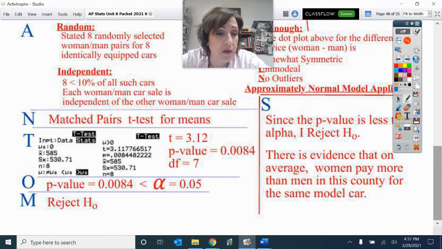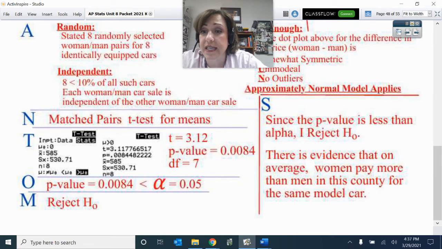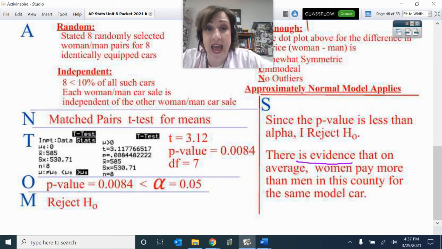Our p-value of 0.008 was less than alpha, so we reject H0, and then here is the conclusion. Since that p-value is less than alpha, I reject H0. There is evidence that, on average, women pay more than men in this county for the same model car. You could also say that there is a difference in the average price paid. So that could have been said as well.